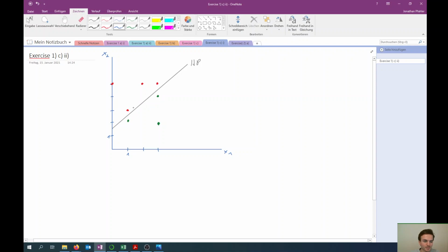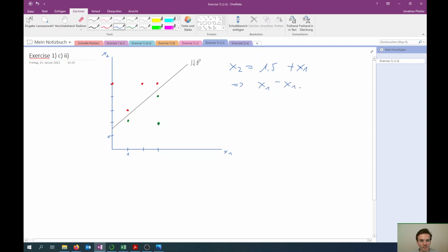go with this, and you can also easily find out that the form must be then x2, which is basically here the y-axis, is equal to, and then starting from the intercept 1.5, and then the slope here must be equal to 1, so x1. And now let's bring this in our known form.